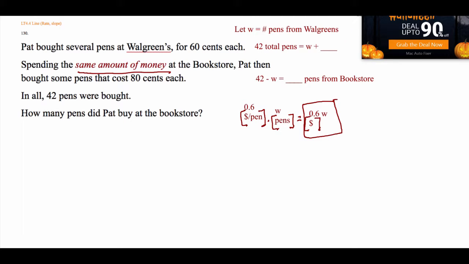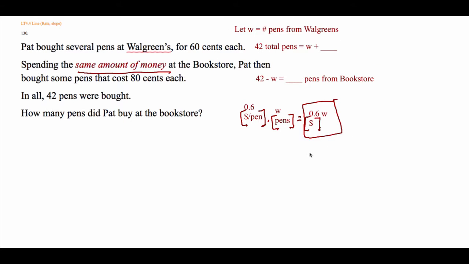We know that they're both the same amount of money. So 80 cents per pen, if you invert it, if you flip it, gives you 1 over 0.8 pens per dollar. When I multiply the pens per dollar times dollars, it'll give me the number of pens that Pat bought at the bookstore.